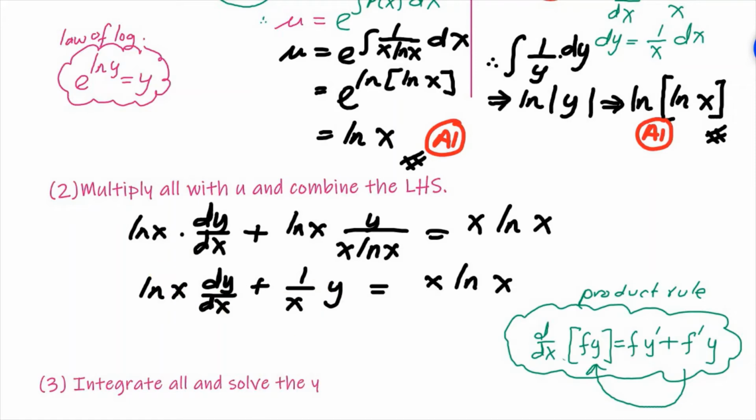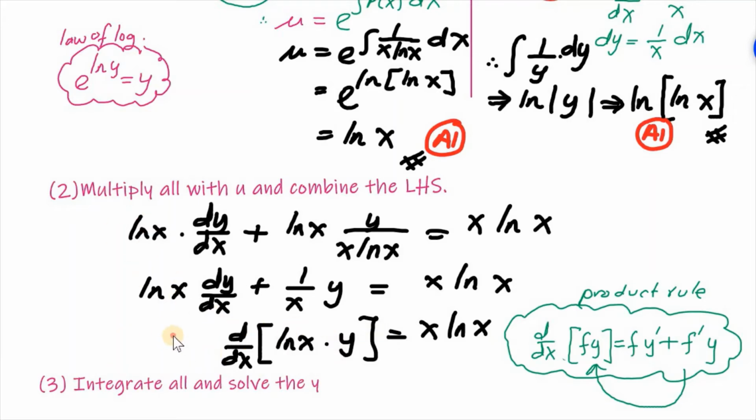Do you see that? So this is actually the derivative of f, which is ln x, multiplied by y. Then we can combine it. To be able to combine it, there's an A1 for this statement, and in order to do that you have to multiply everything with our integrating factor just now.